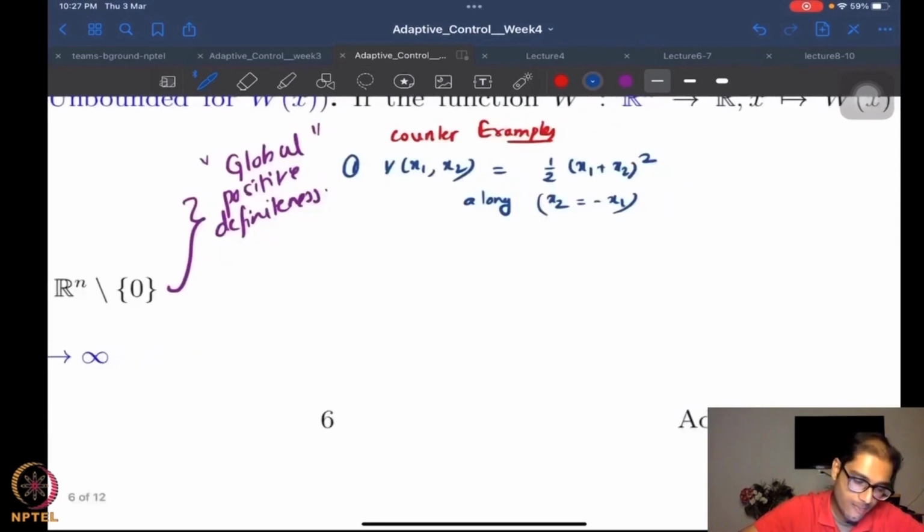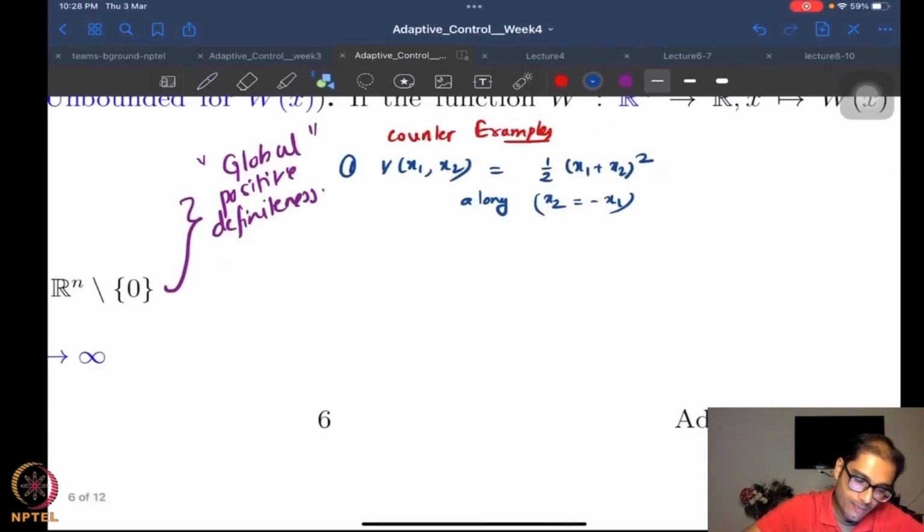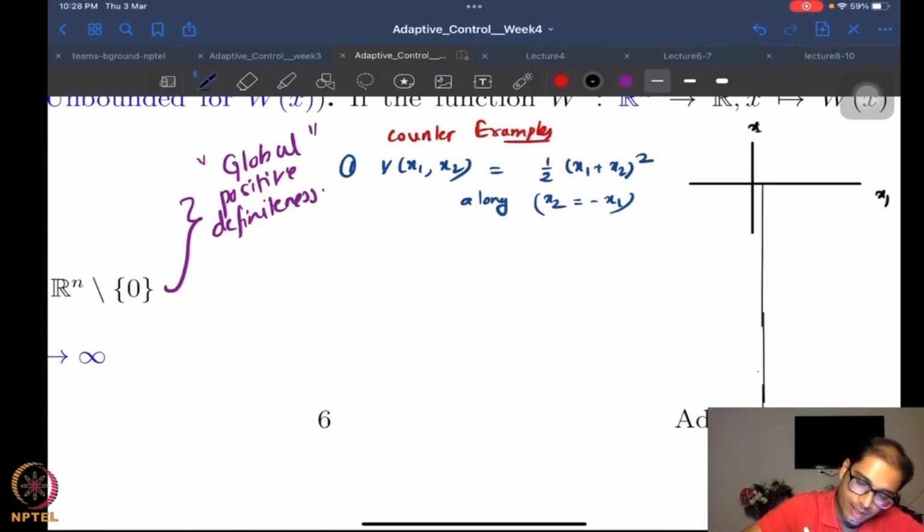If I look at the state space, I'm going to draw the state space, right? This is x1, this is x2. And what is x2 equals minus x1?